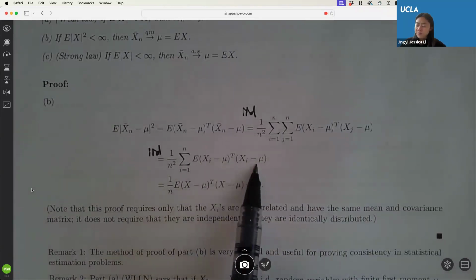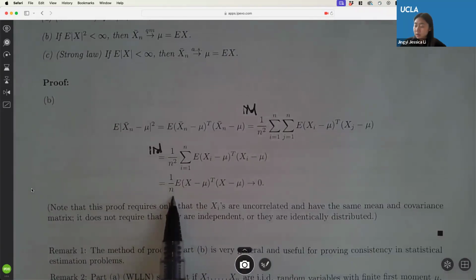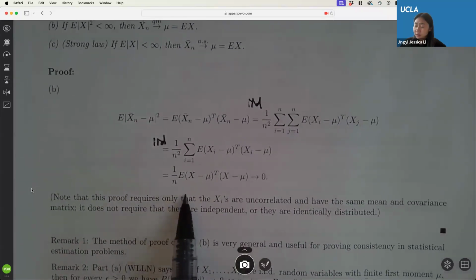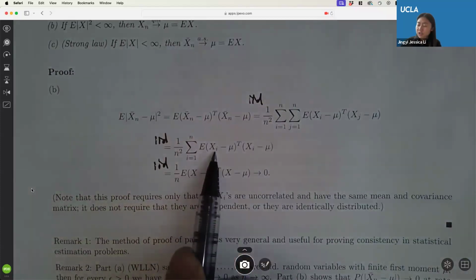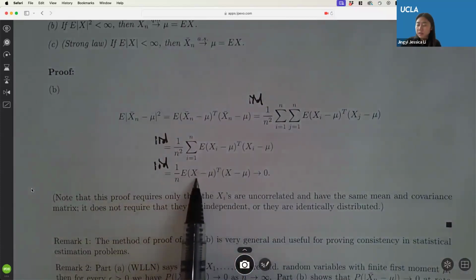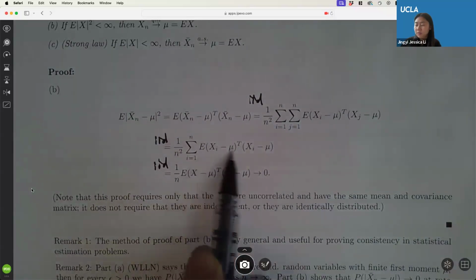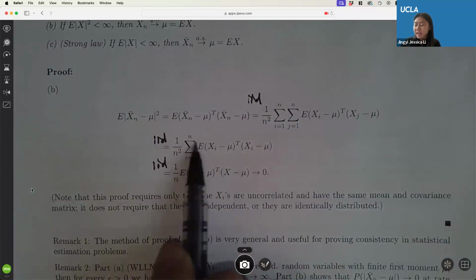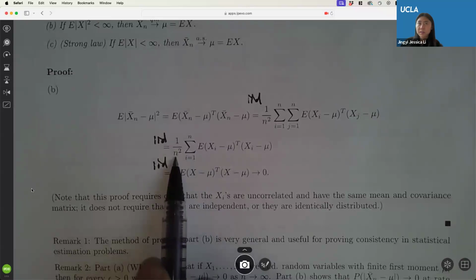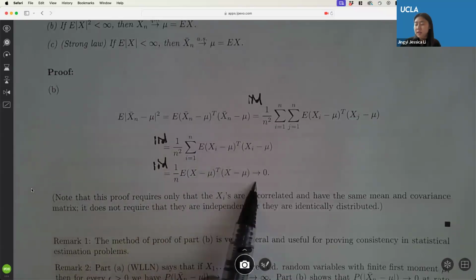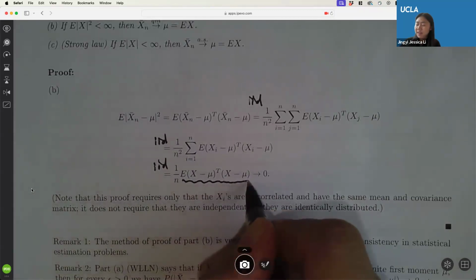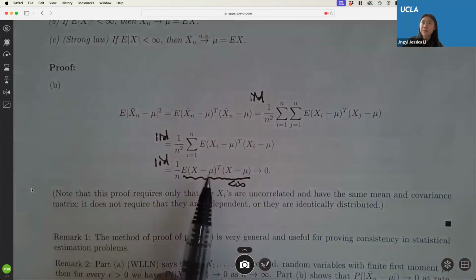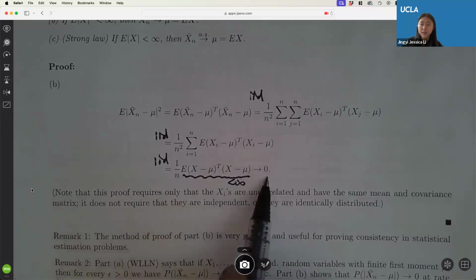That's what we have, and this is further reduced by IID. Every step uses IID because each xi is a copy of x, so we just need to keep the one copy. We have n of that, then this n cancels with this denominator n. So we have this, and therefore, as long as you have a finite thing divided by n, it will go down to 0 as n goes to infinity.